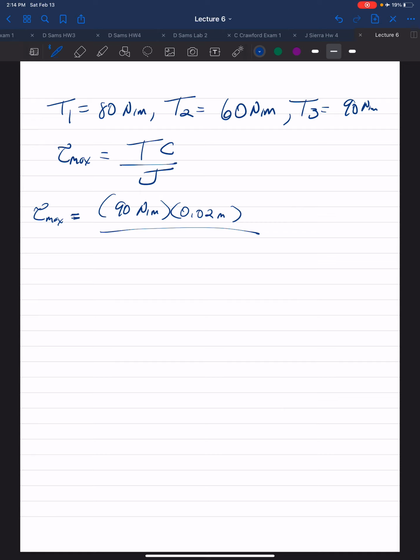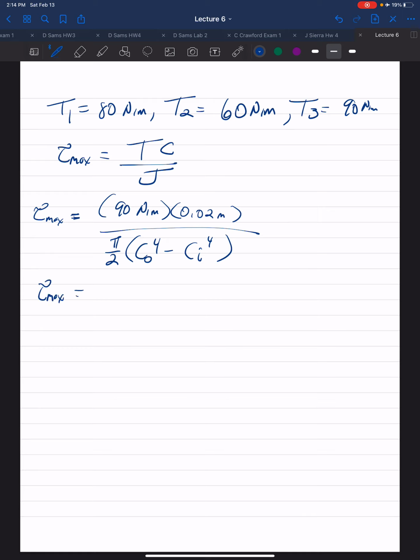So for J, for a tubular pipe, this is pi over 2 times the outer radius to the fourth power minus the inner radius to the fourth power.